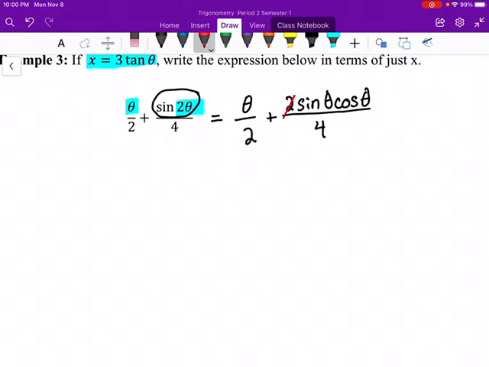And then we can factor out this 2 from both our numerator and denominator of this fraction. Now you'll notice that we do have a common denominator, so we can just add these two fractions together. So we would get theta plus 2 sine theta cosine theta all over 2.